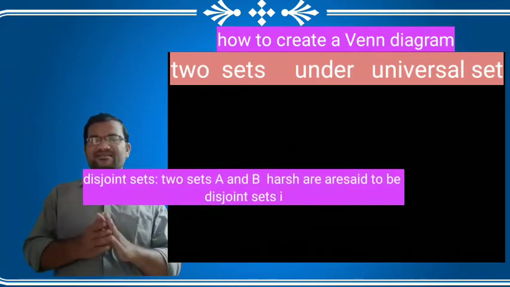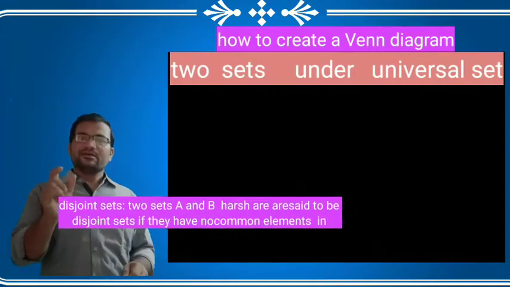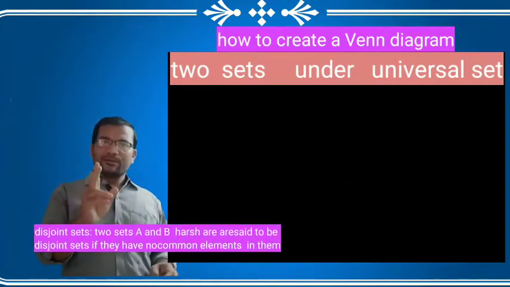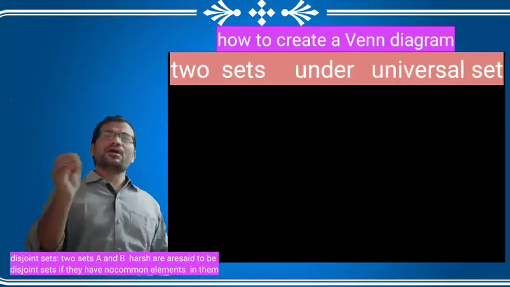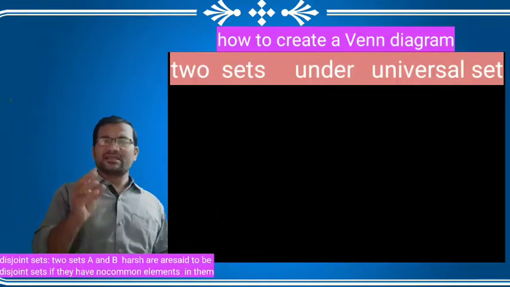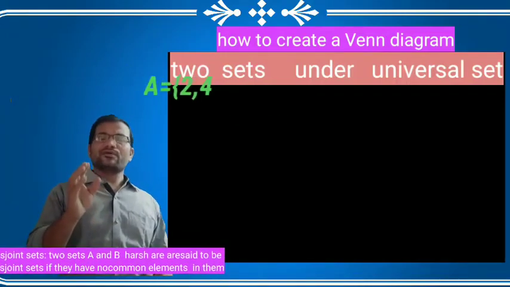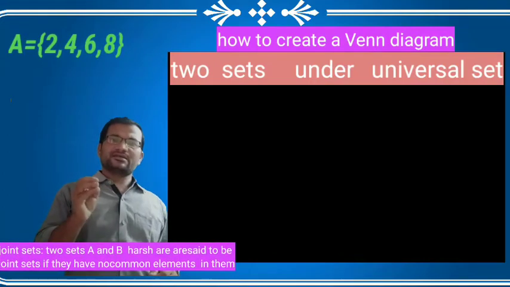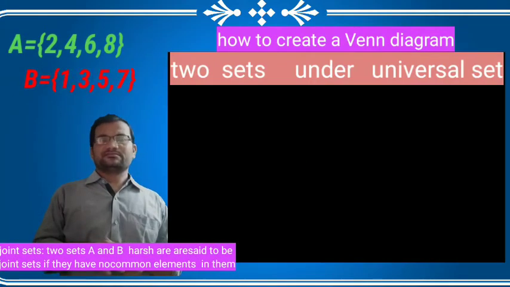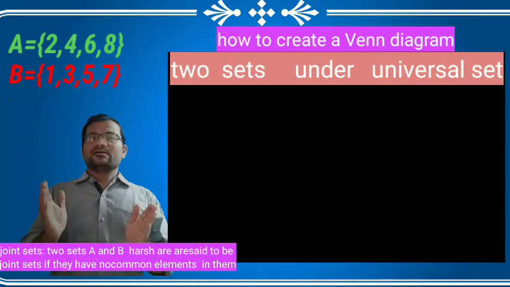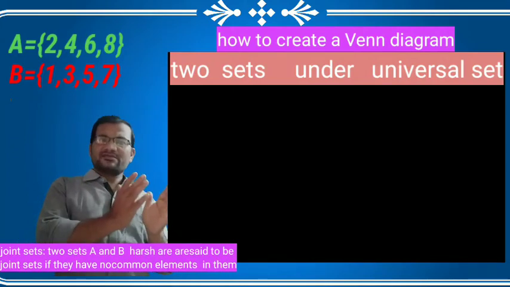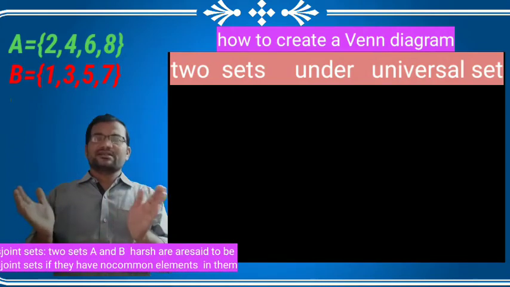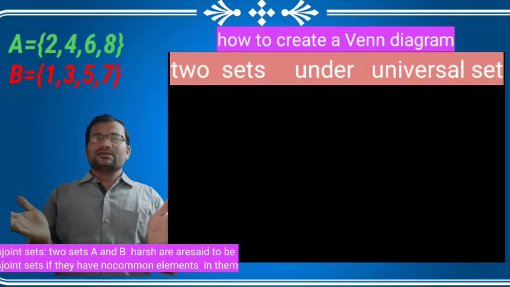Once again I repeat, two sets A and B are called disjoint if they have no common elements in them. For example, my set A is the set of 2, 4, 6, 8, and set B is 1, 3, 5, 7. So those two are disjoint because this is an even number set and this is an odd number set. There are no common elements in those two sets.